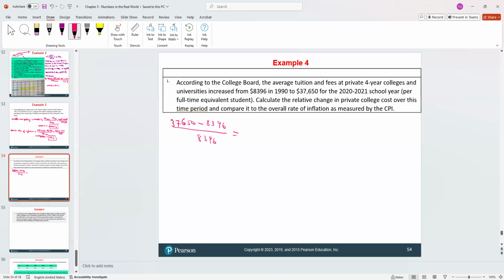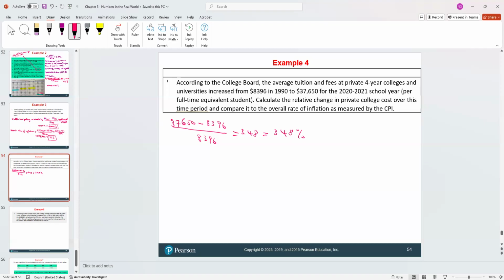When you do these divisions, it gives you the relative change in the cost of private college, which is 3.48. So there is an increase of 348%. That's the relative change in tuition for colleges from 1990 to 2021.